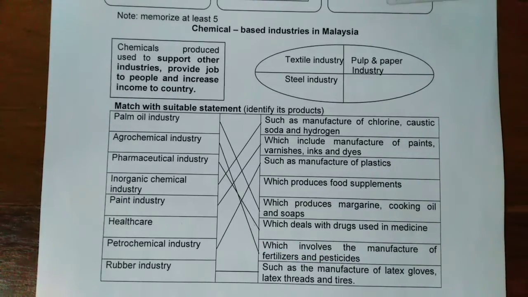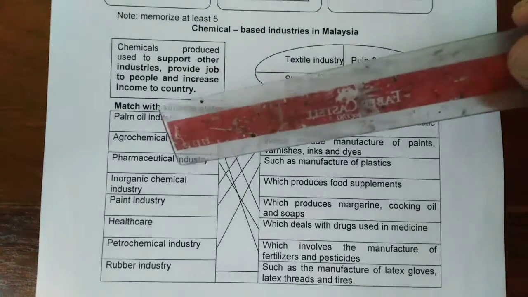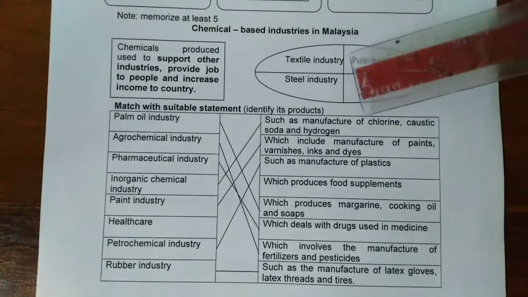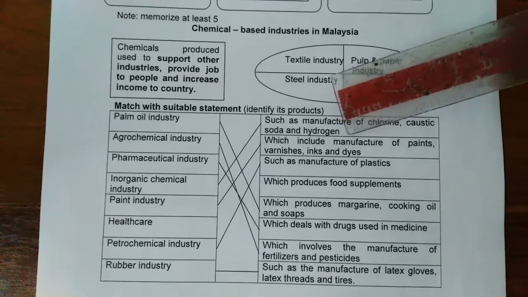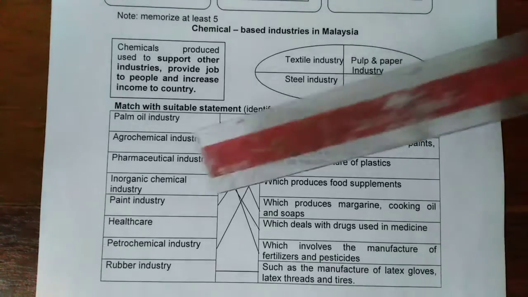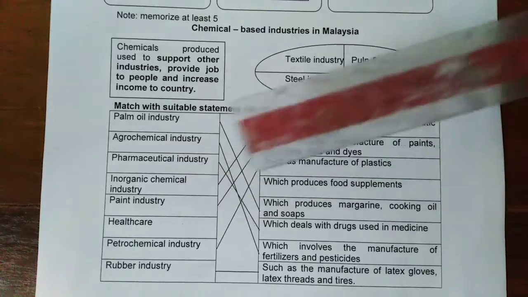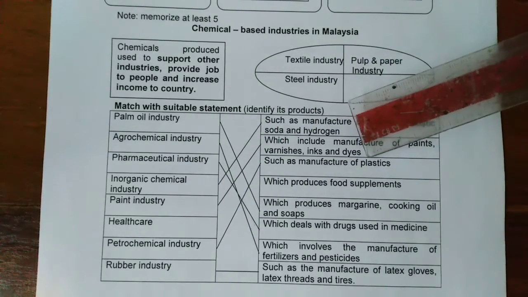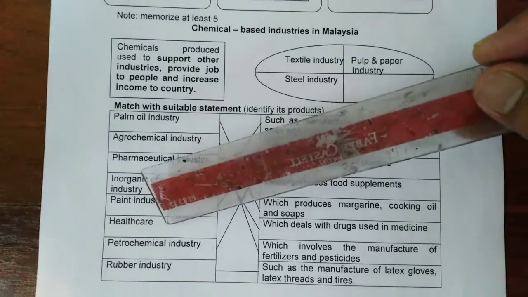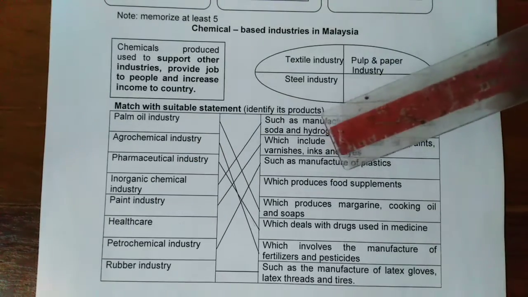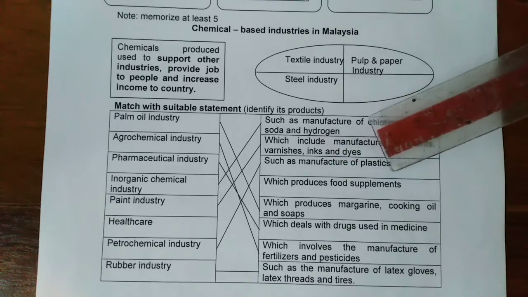What is the product of inorganic chemical industries? Chlorine, caustic soda, and hydrogen. What is the product of petrochemical industries? Plastics. What is the product of healthcare? Food supplements.